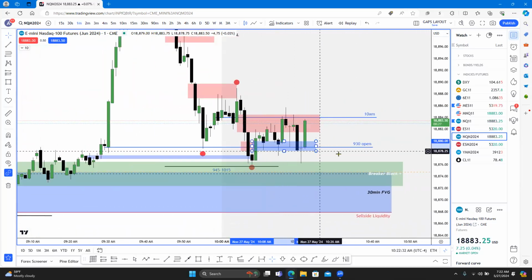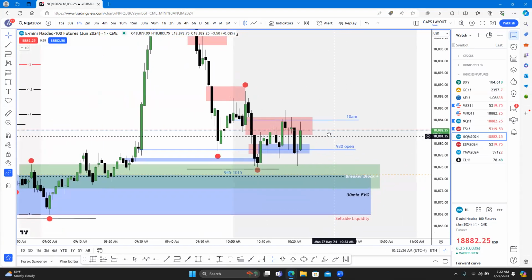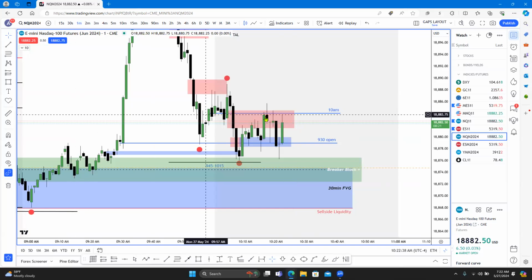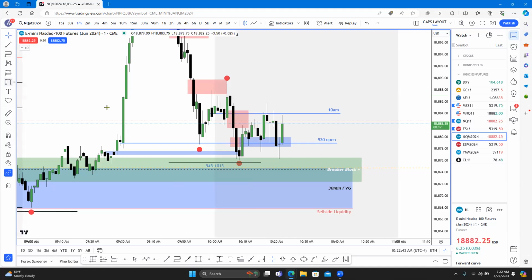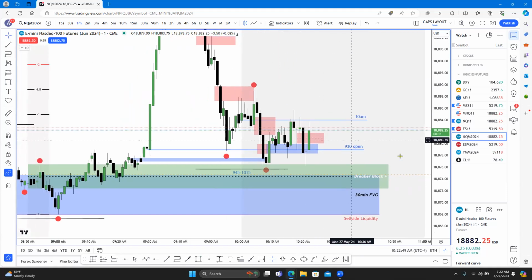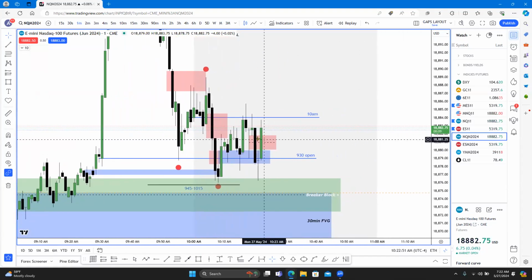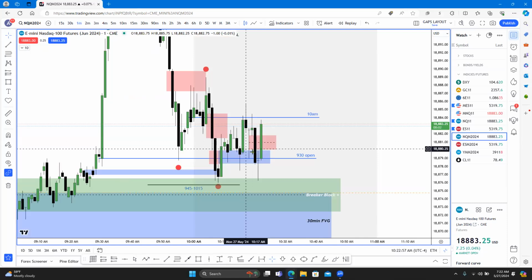So far respecting this. So look at this bearish gap. We're reading the candles. We have 10 seconds. This closes above. This is a nice disrespect here, potentially.